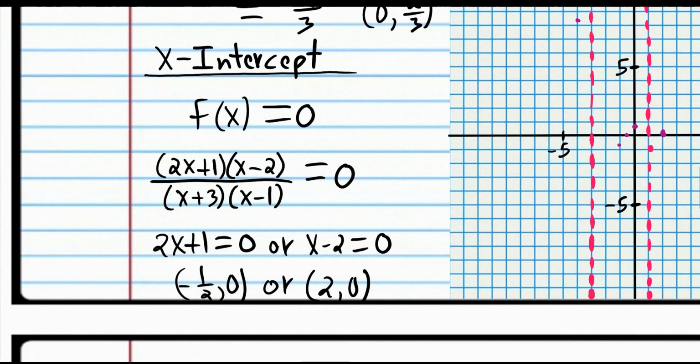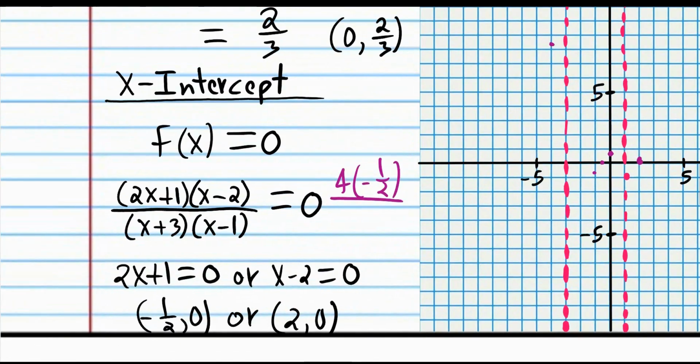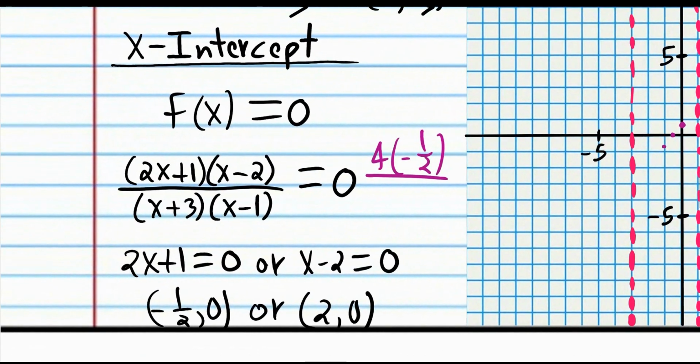And we get 4 times -1/2 over 4.5 times +1/2.